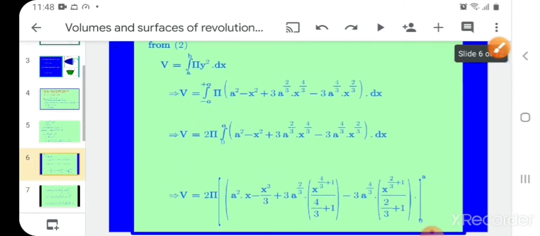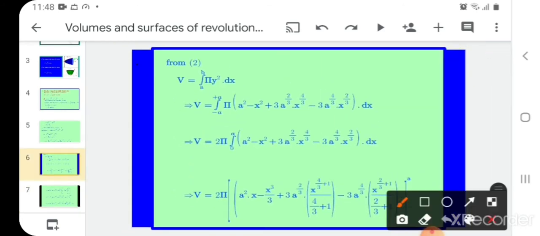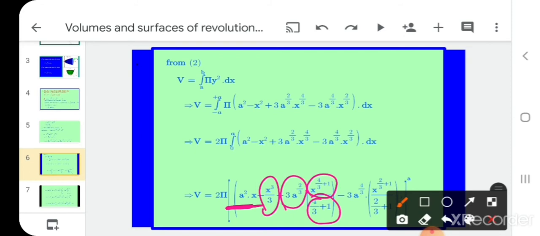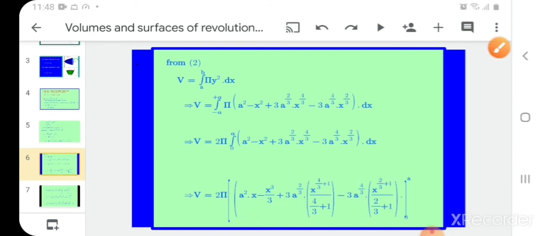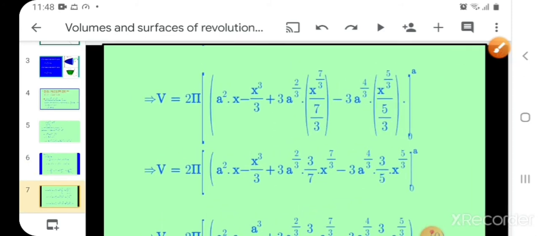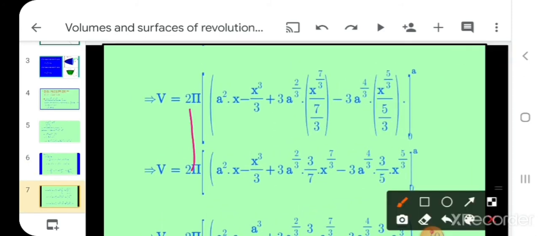See here, first I simplified the equation. That means 2 pi a square x, x cube by 3, 3a power 2 by 3 into x power 7 by 3 by 7 by 3 minus 3a power 4 by 3 into x power 5 by 3 by 5 by 3. See here, same 2 pi a square x, x cube by 3. With denominator what we have here? 7 by 3.